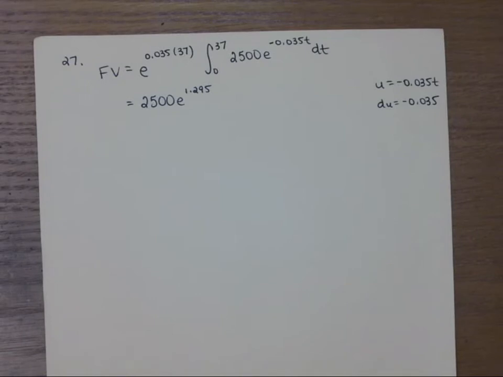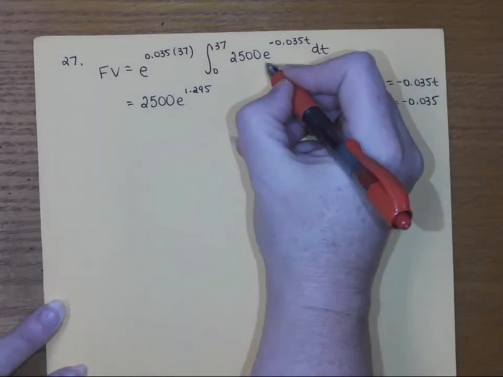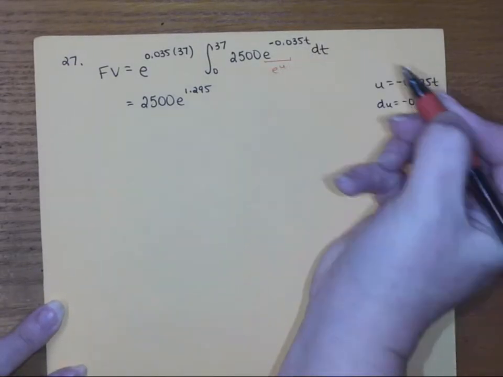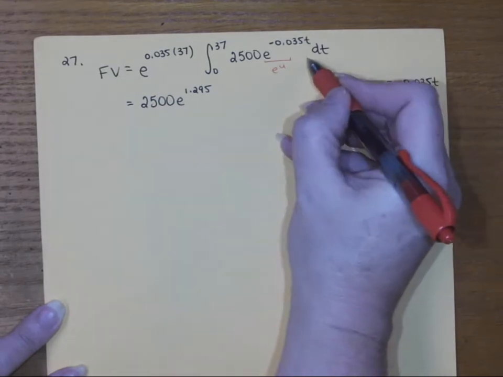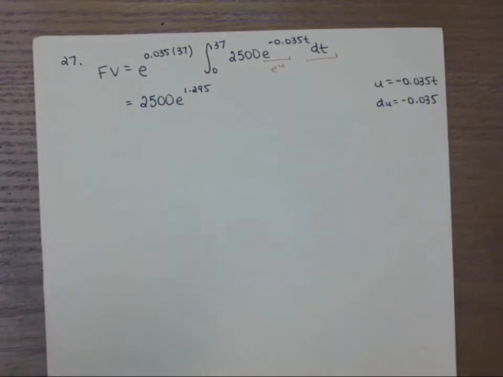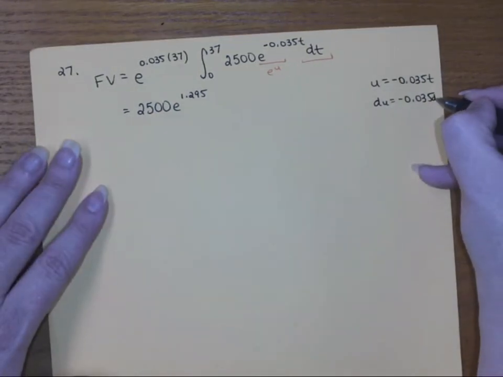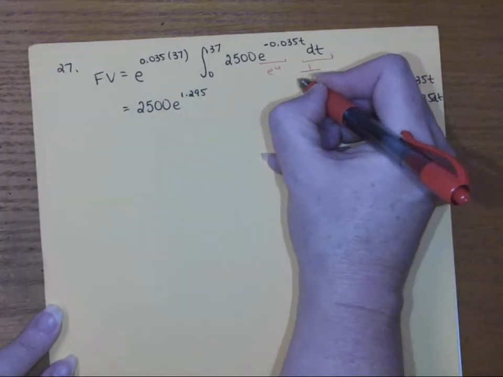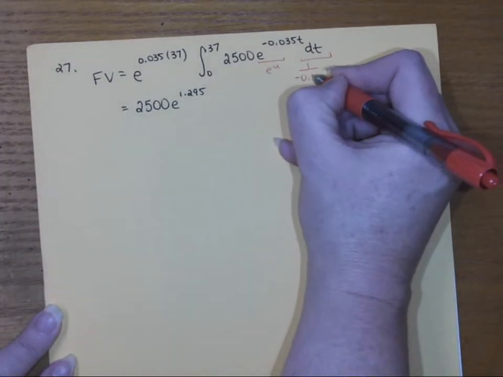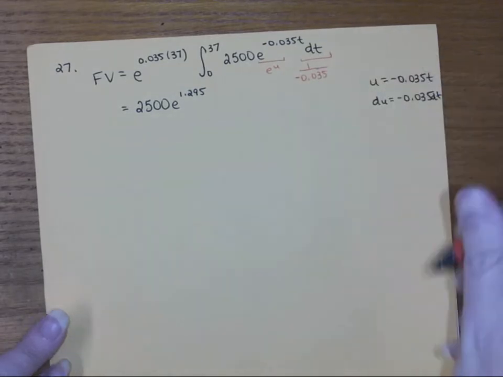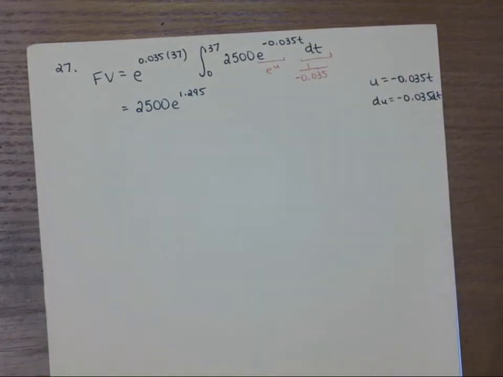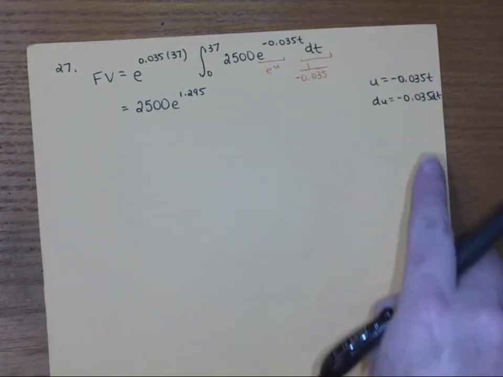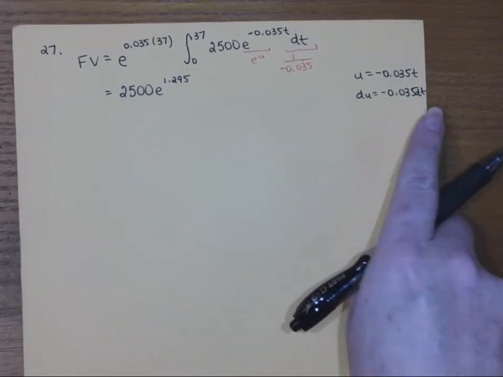So let's talk about what I have. If you want to label this, here I have e to the u. I already moved this out to the front. But here, I'm not even trying to have any number, and I have this negative number that I don't want. So I'm going to do 1 over that. I just can't stress enough how often you're going to do this step. You're going to just have to get rid of a number by doing 1 over that number.